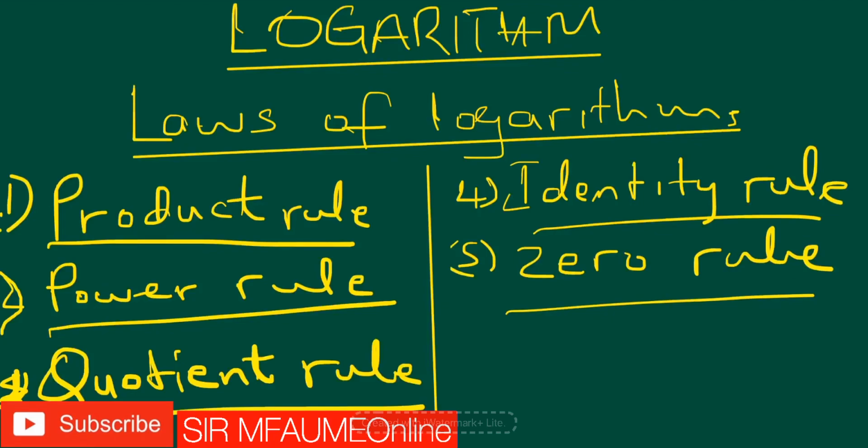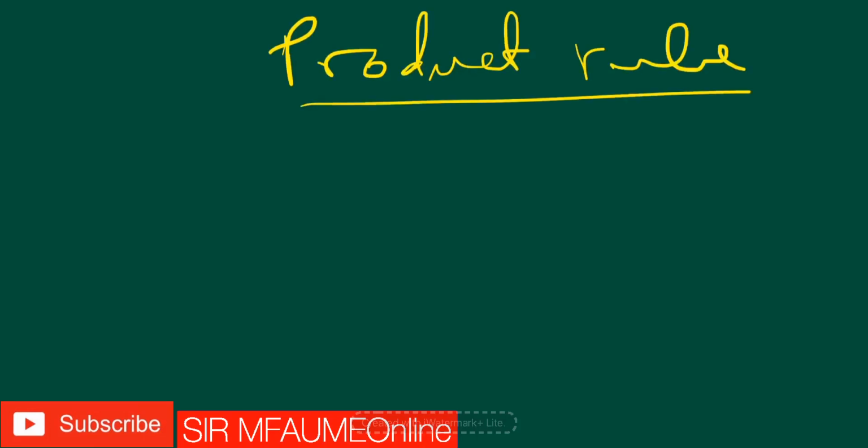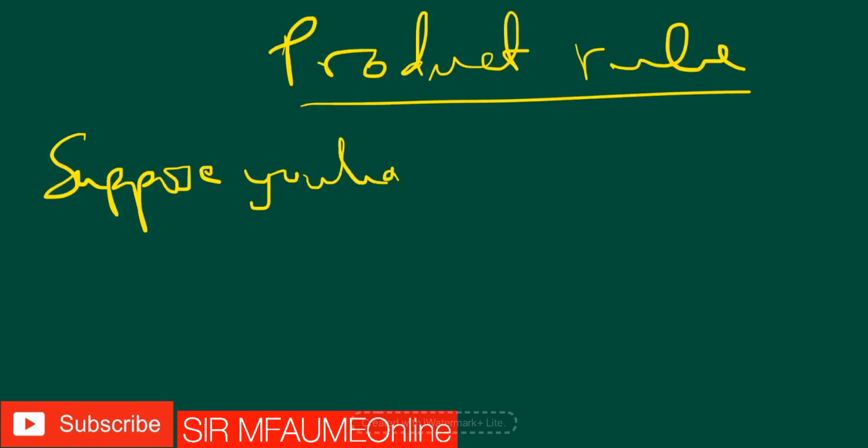Let us start with the first one, the product rule. For the product rule here, suppose you have something like this: a exponent n times a exponent m.